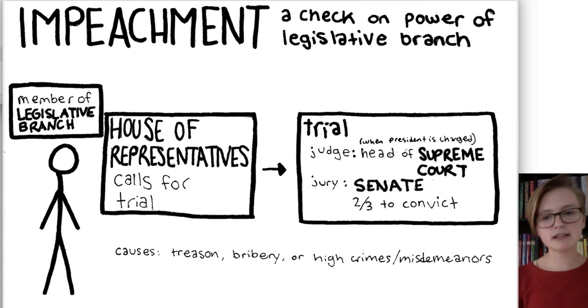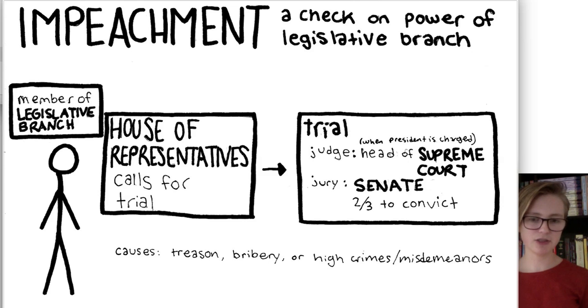The House of Representatives would need to call for a trial, and I think they probably would. If it was just rumors floating around on social media, like, oh no, the president needs to be impeached, they might ignore it. But if it's the Washington Post and the New York Times, those are some pretty big voices, and so a lot of the American public is going to be concerned and suspecting of treason.